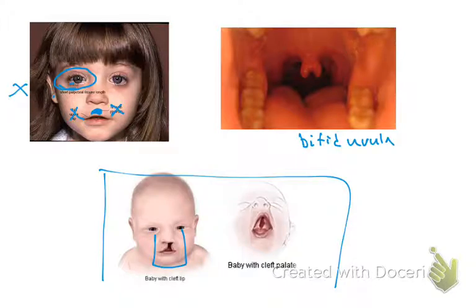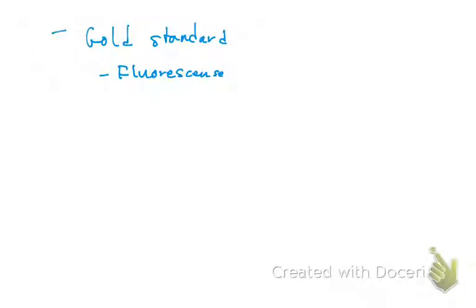Now let's talk a little bit more about the test. What is the gold standard test? The gold standard test is called fluorescence in situ hybridization.